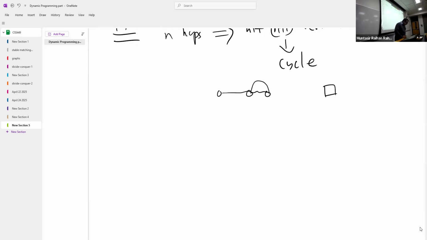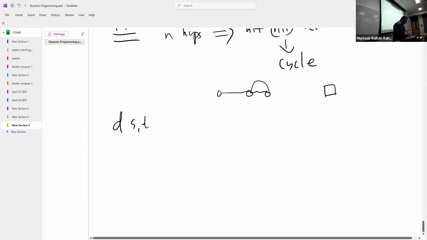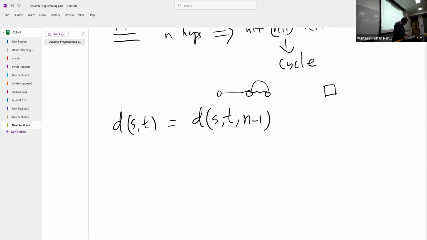And now what we need is that we want to compute D of s of t, and for that we just need to compute D of n minus 1. And now we need to compute this recursively.